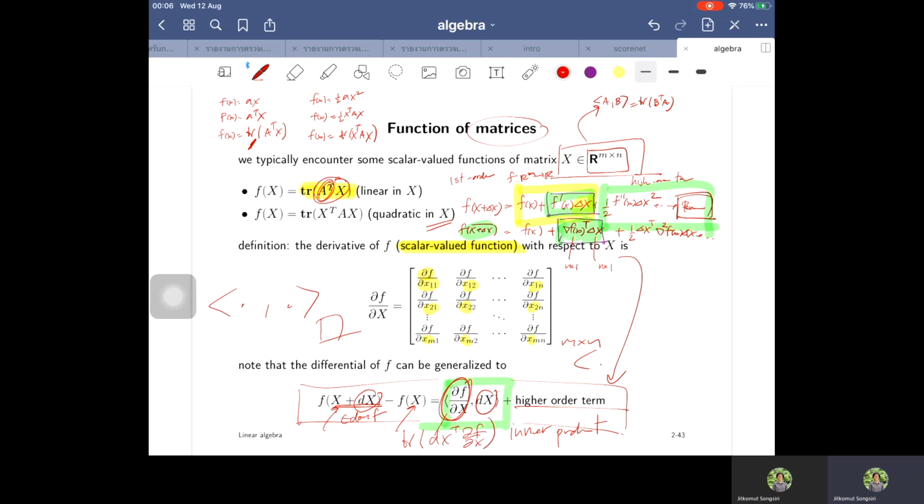So now this first order Taylor expansion gives us a practical way to derive and to recognize the first derivative of a function of matrices.